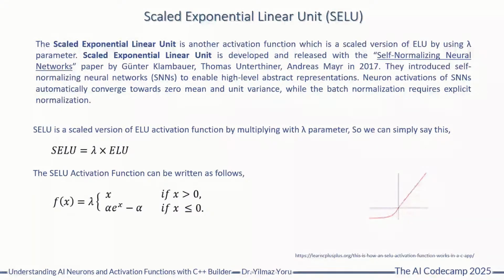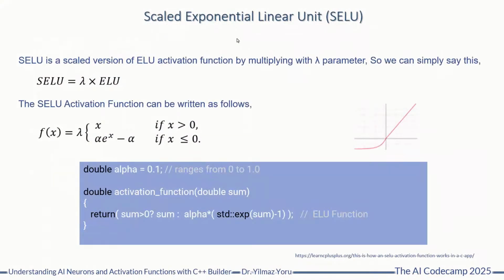So just multiply the ELU value with lambda, that means SELU. So it gives you scalability in your activation function. Here is the formula and graph of the SELU function, and a very simple C++ example of the activation function.